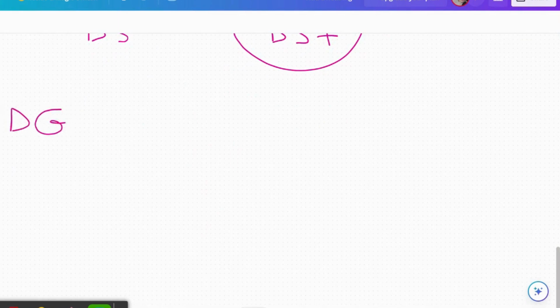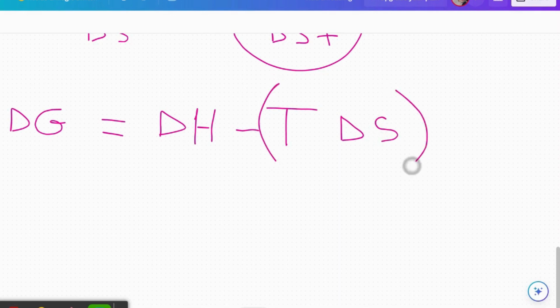Delta G, or the Gibbs free energy law, measures the free energy in a chemical reaction. It measures whether the reaction is spontaneous or non-spontaneous. Delta G equals delta H, enthalpy, minus T, temperature in Kelvin, times delta S. Delta S is the difference in randomness, delta H the difference in enthalpy.